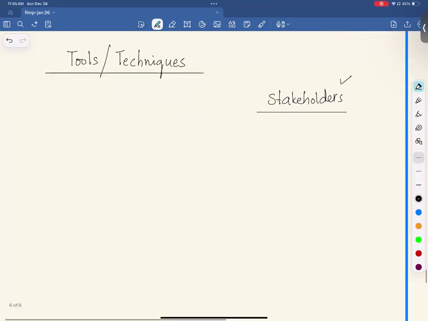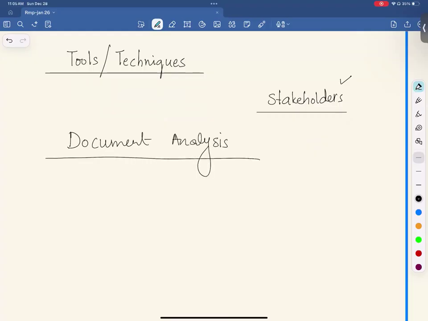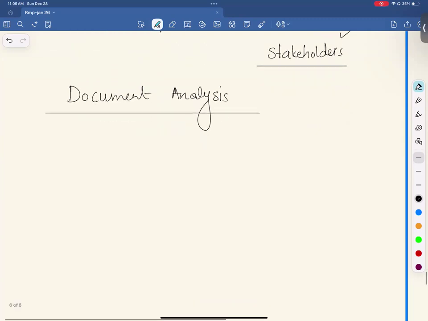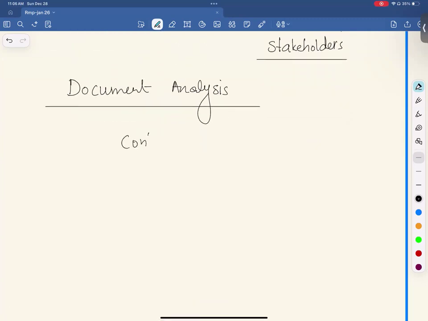So we'll start with document analysis. We analyze existing documents. In existing documents, we could have the contract, as some of you have mentioned.